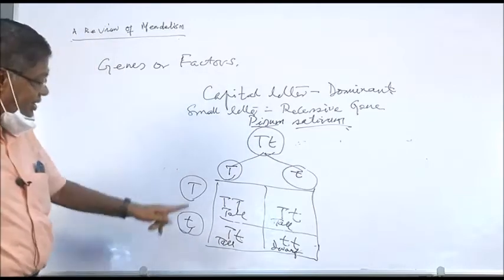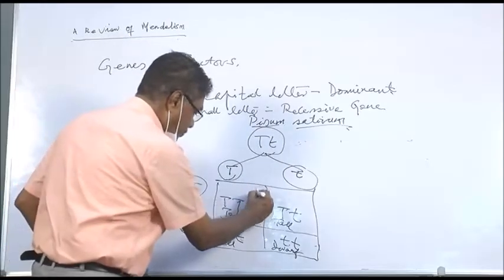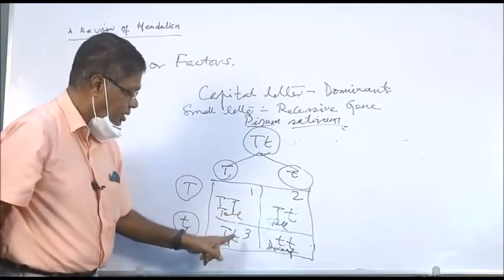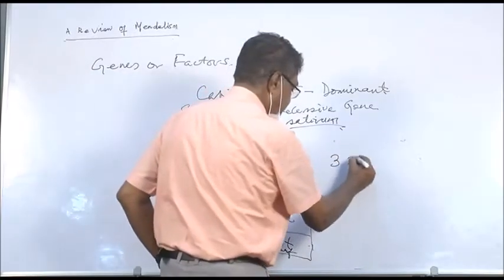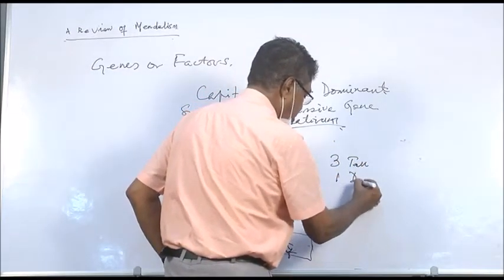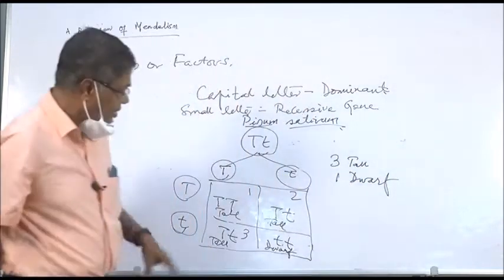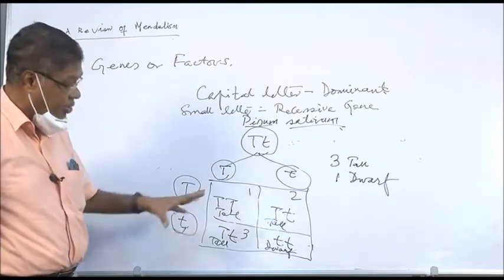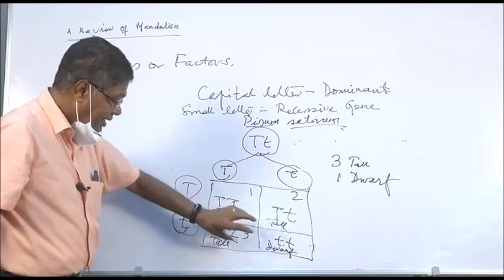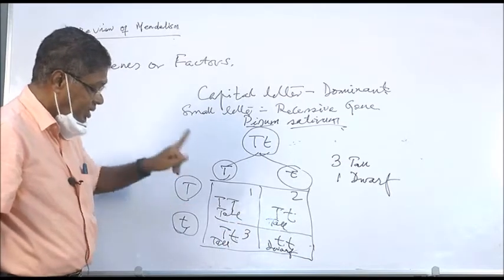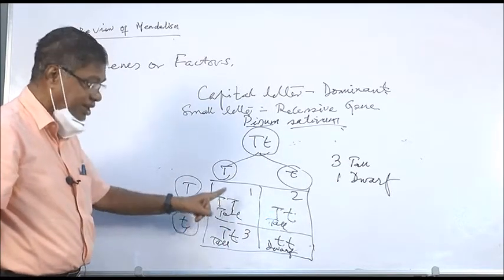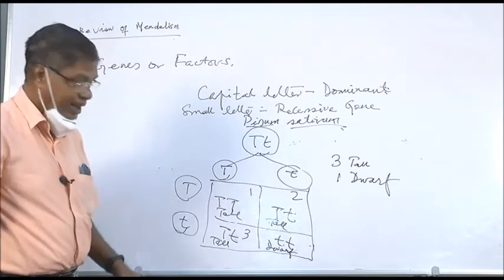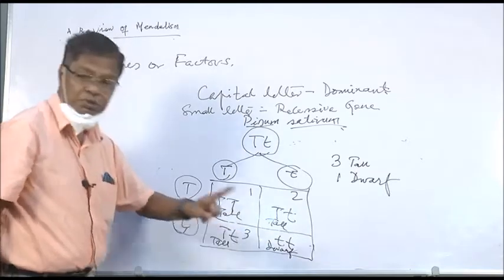Now we find that the ratio is 3 to 1: 3 tall, 1 dwarf. When we look at the genotype, which means what is there inside, one genotype is capital T capital T, another is capital T small t, and the third is small t small t.